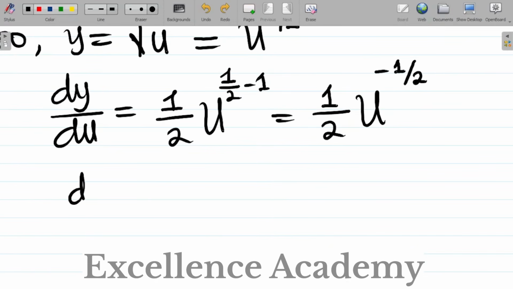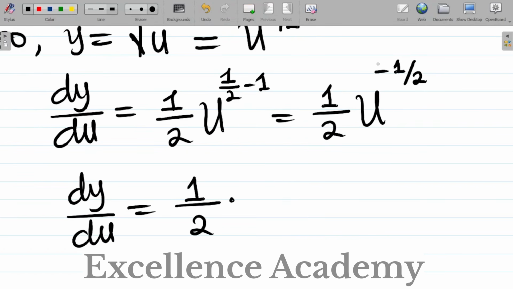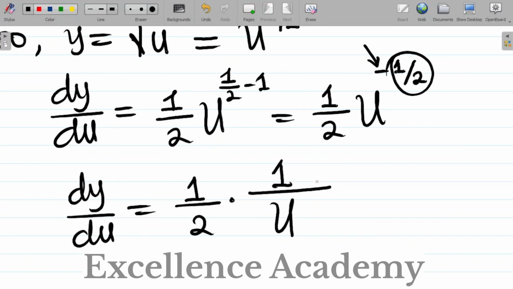Let's rewrite this in a better way. We'll have that dy/du is equal to 1 all over 2 dot, to eliminate this negative here, I'll take an inverse, so 1 all over u to the power, write down the remaining power, which is 1 over 2.